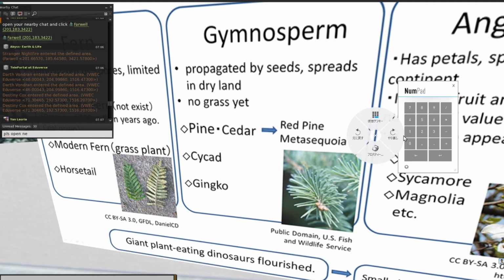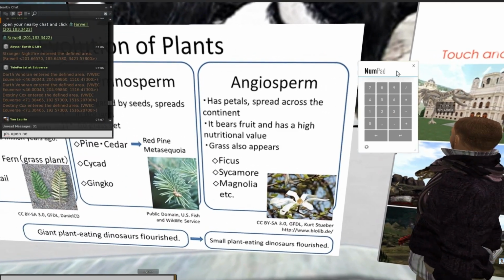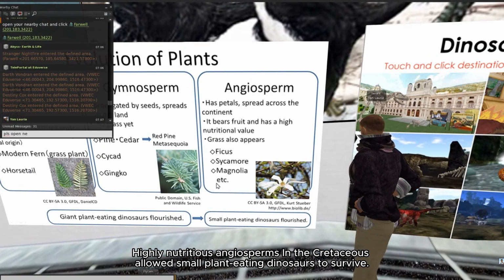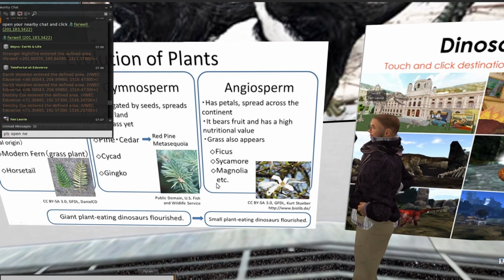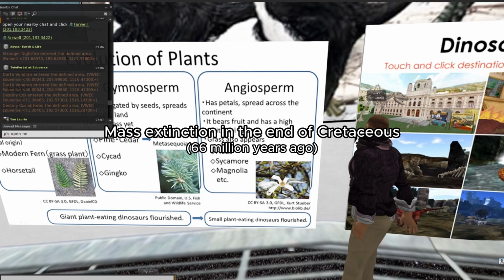In the Cretaceous, highly nutritious angiosperms appeared. Then even small plant-eating dinosaurs could survive. Last tour, the impact event at the end of the Cretaceous, 66 million years ago, wiped out most of the dinosaurs, causing temporary cooling.